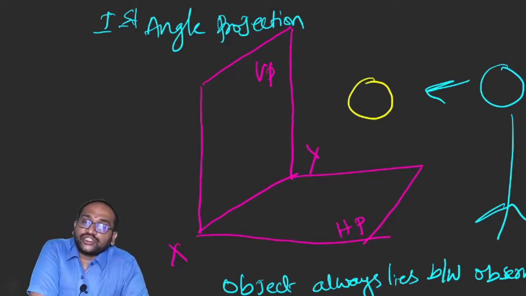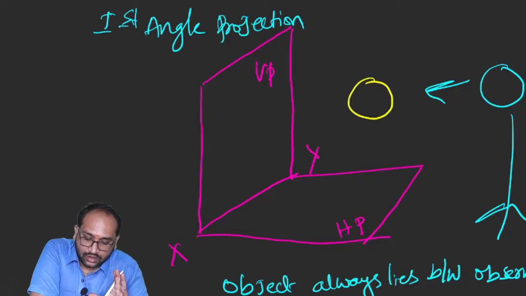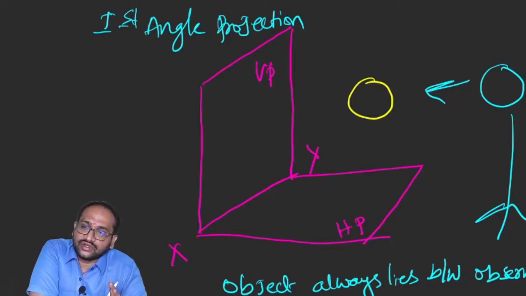In first angle projection, object always lies between observer and plane of projection.